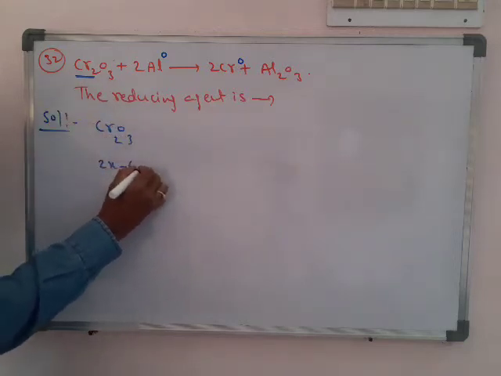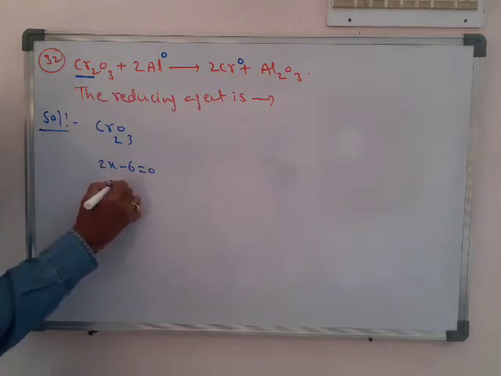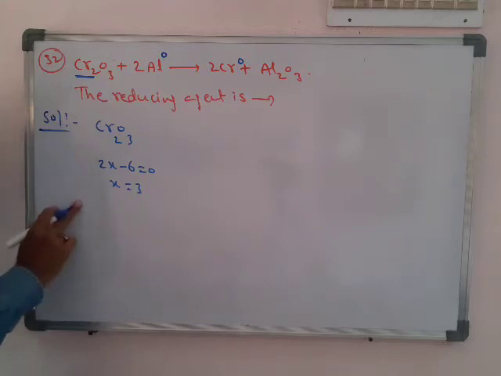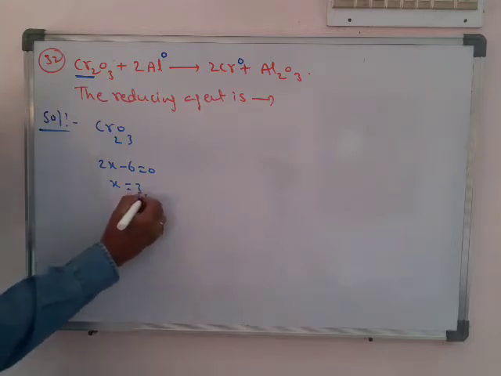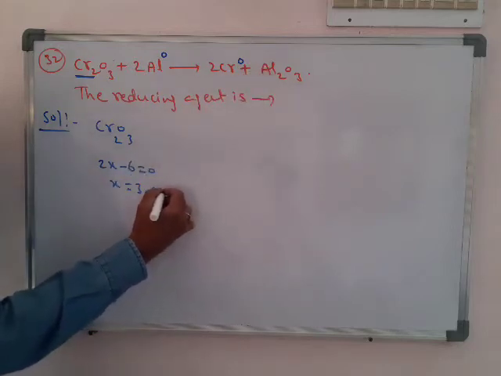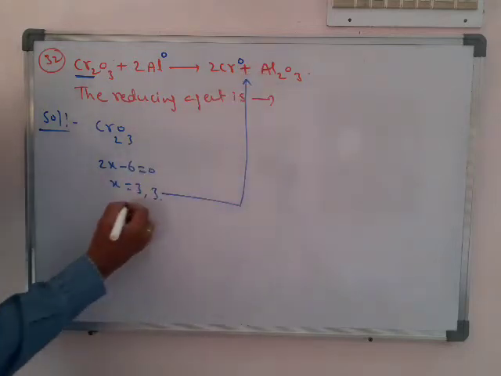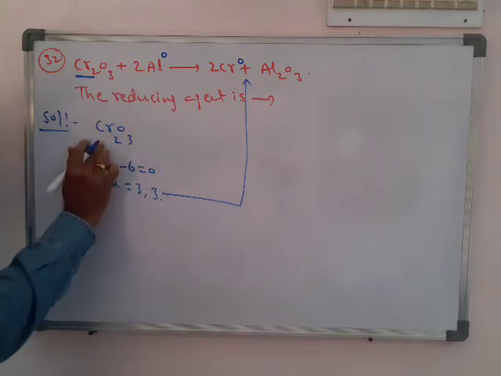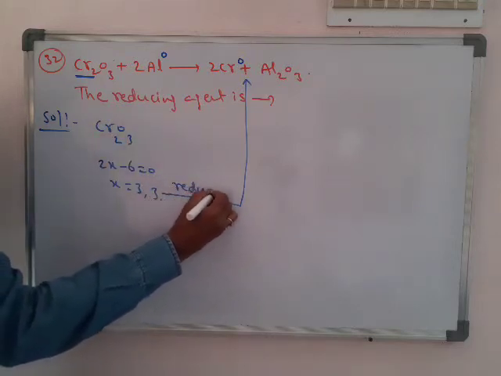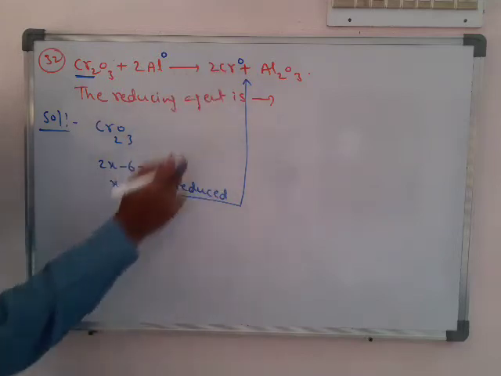In Cr2O3, chromium oxidation number is 3. Two chromiums are there, that is 3, 3, and they become 0, 0. So here the chromium oxide is reduced, because its oxidation number decreases.